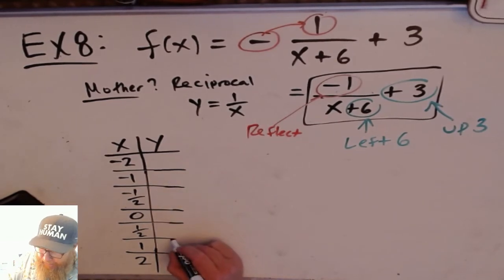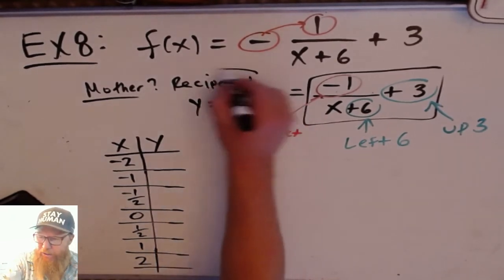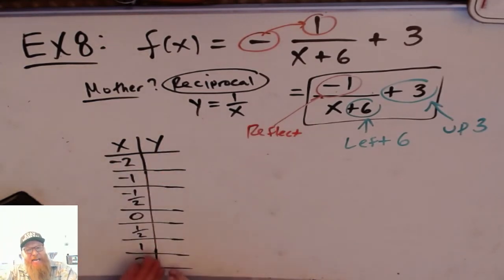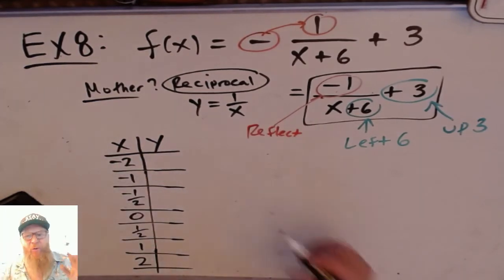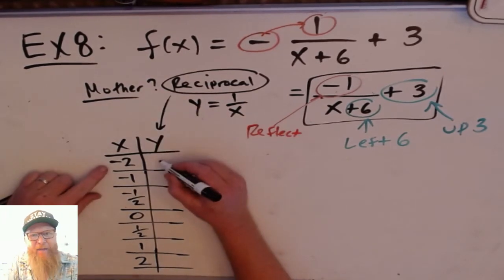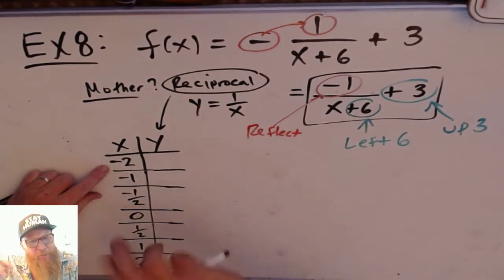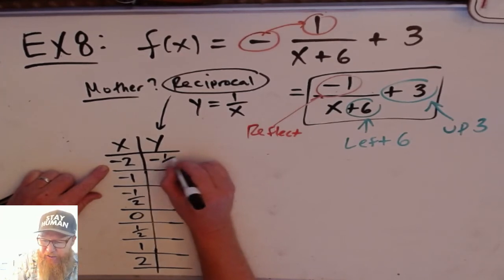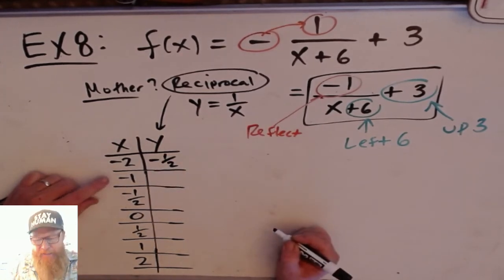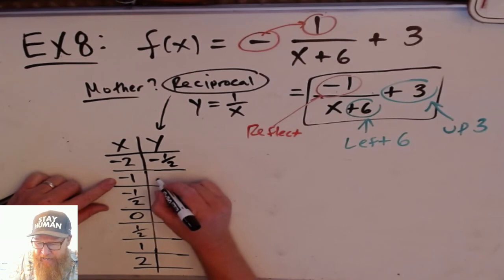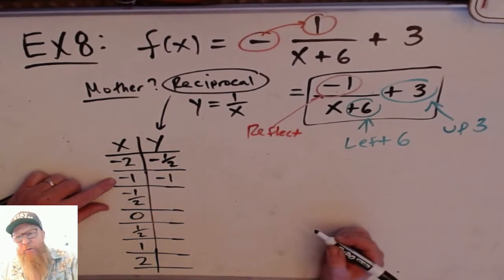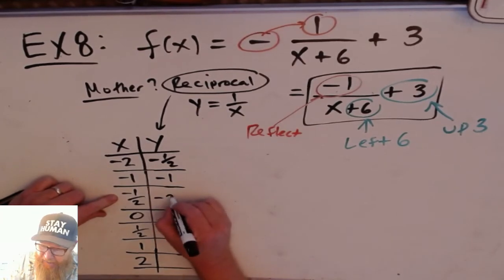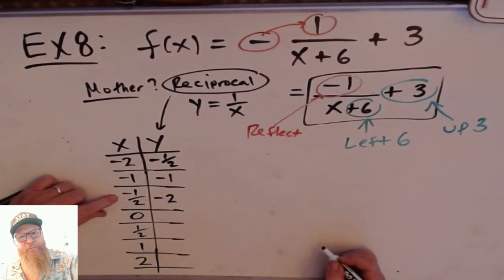Now, I love the name of this function, reciprocal, because it tells me very easily how to fill out the table. All of the y values are the reciprocal of the x values. So the reciprocal of -2 is -0.5. The reciprocal of -1 is still -1. The reciprocal of -0.5 is -2.